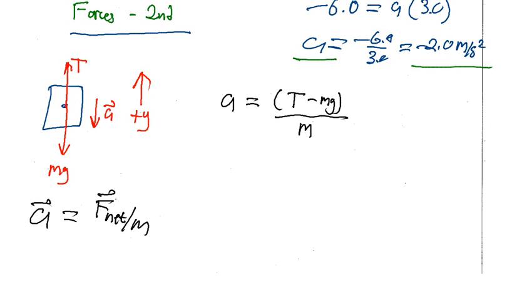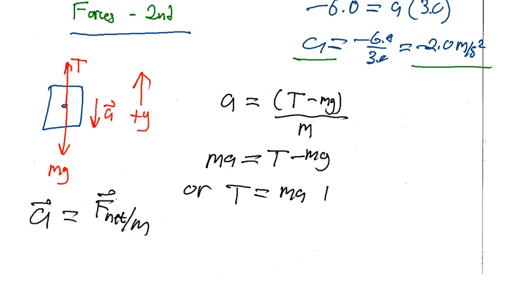So if I cross multiply, I get m times a equals T minus m times g, or T is equal to ma plus mg, which actually I can simplify by factoring out the mass into a plus g.